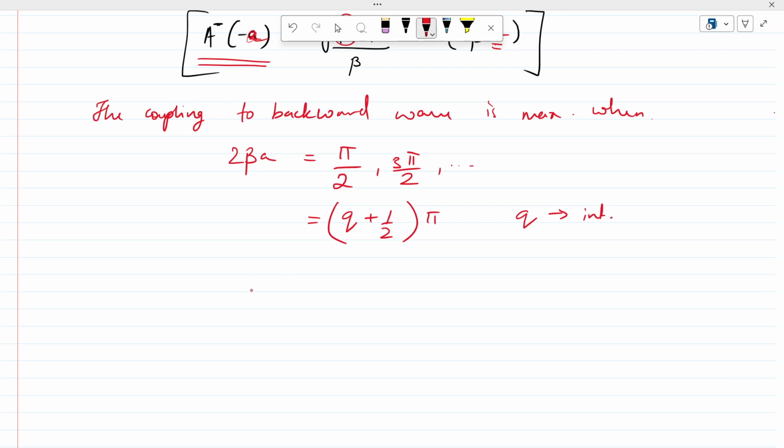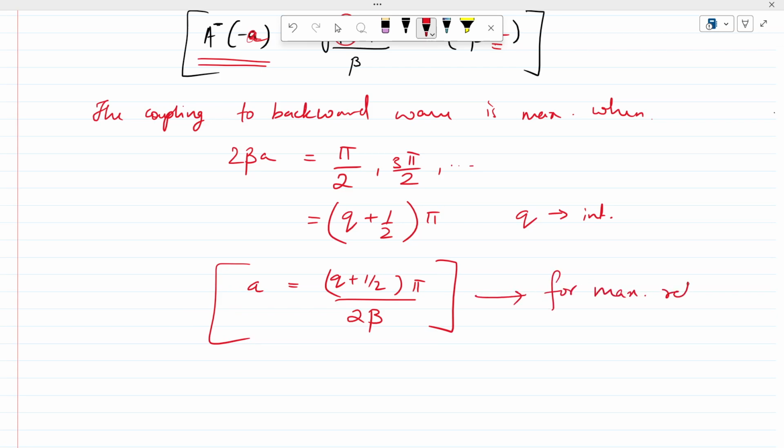So in terms of a, we get maximum reflection when a equals (q plus half) pi by 2 beta. So that is what we have found out from all this analysis.